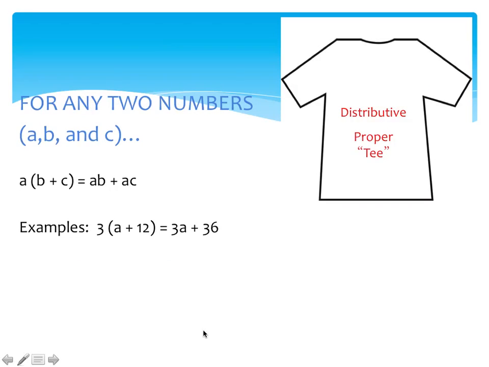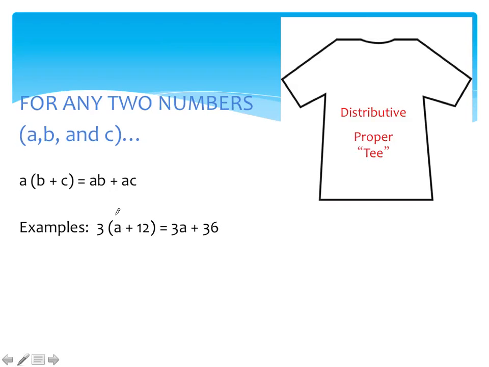The distributive property is the one that we use the most. Here's what the property looks like in algebra. It's A outside, A times the sum of B plus C, and we get A times B plus A times C. Here's what it looks like with numbers.